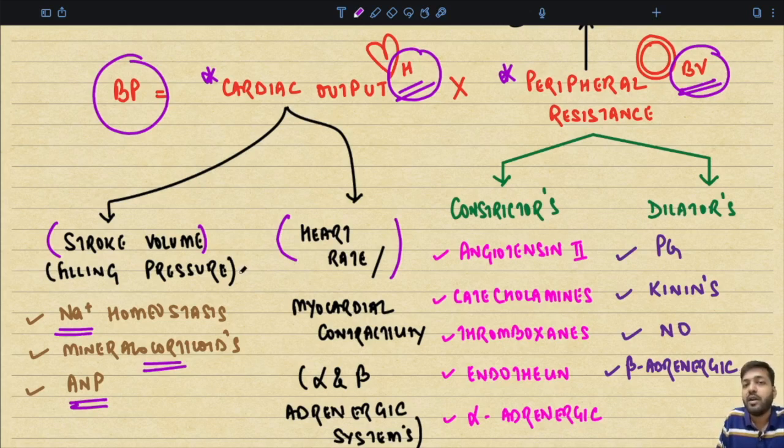The second important determinant of the cardiac output is the heart rate as well as the myocardial contractility, and the myocardial contractility in turn is dependent on the alpha and beta adrenergic systems. So the first important parameter of blood pressure is cardiac output, which is dependent on two things. Number one is the stroke volume or the filling pressure, which is dependent on the sodium levels in the body, and second is the heart rate as well as the myocardial contractility.